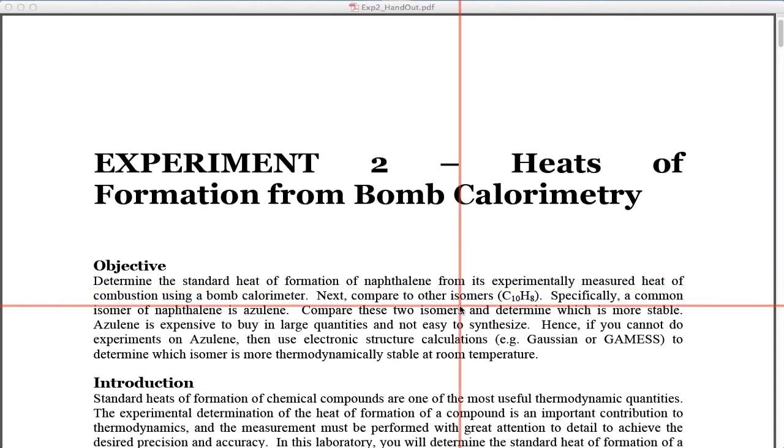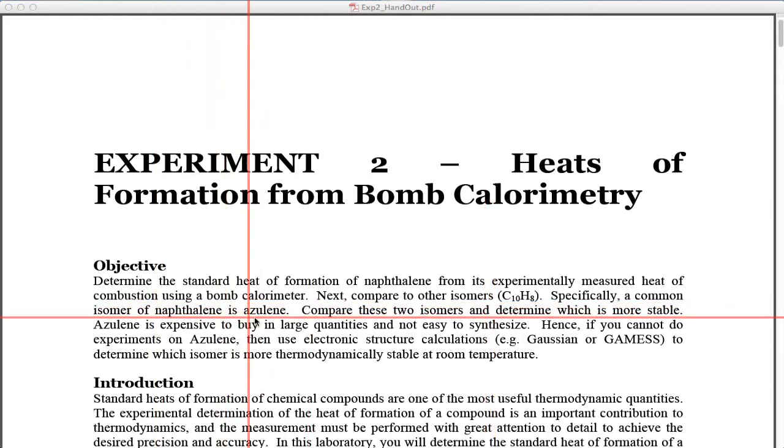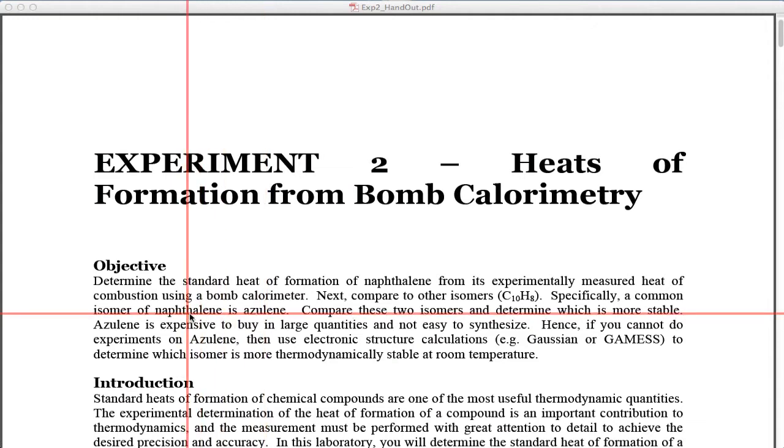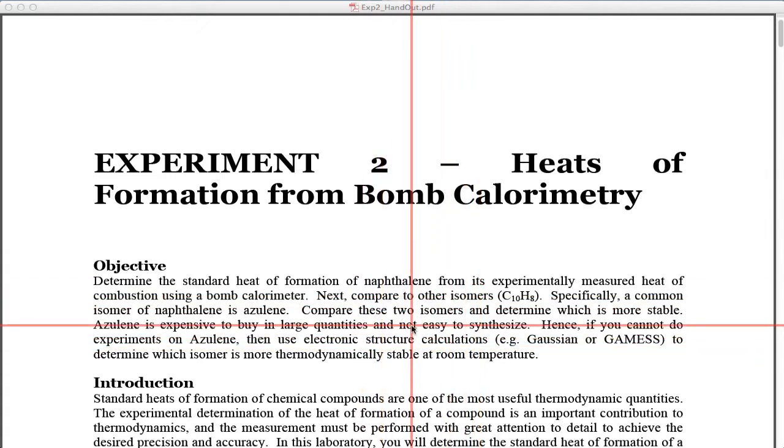And then we will compare that to other isomers, specifically another ringed isomer, azulene, which has a 7 and 5 membered fused ring instead of 2 6-membered rings like naphthalene. But we won't compare that by measuring azulene directly in a bomb calorimeter because it's an expensive compound.